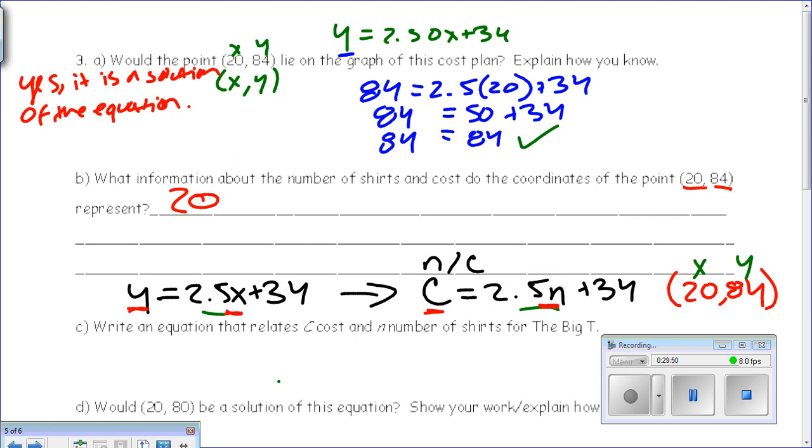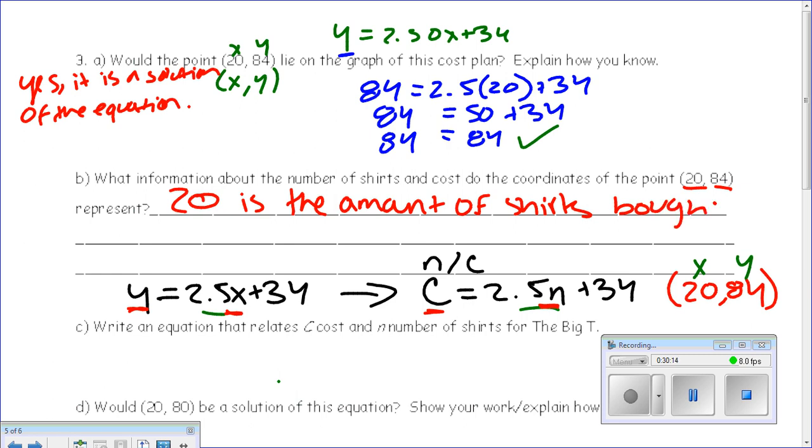So the 20 is the amount of shirts bought. And the 84 then, which is our Y, would be our cost, right?